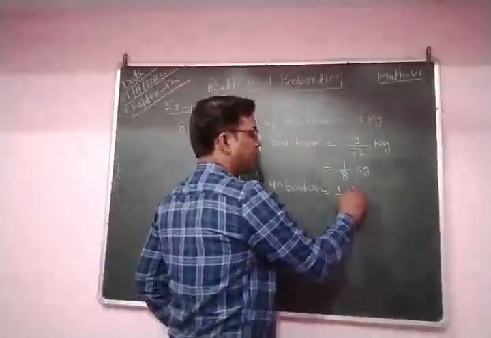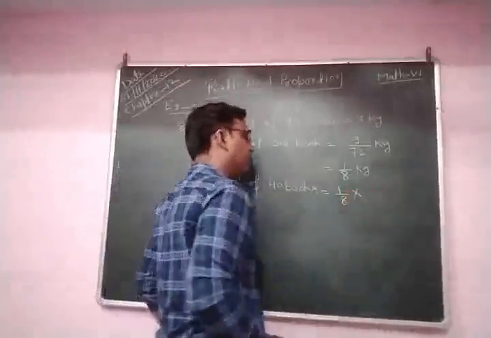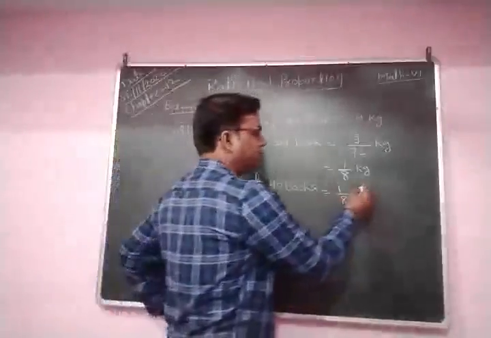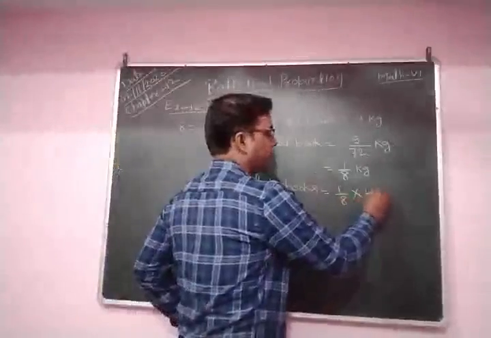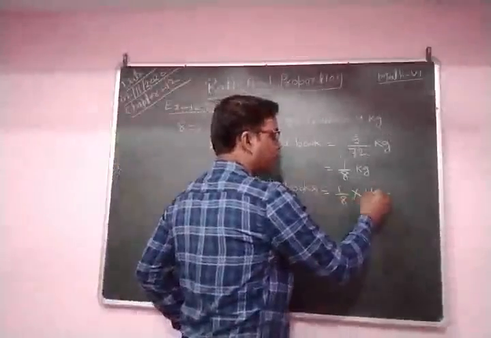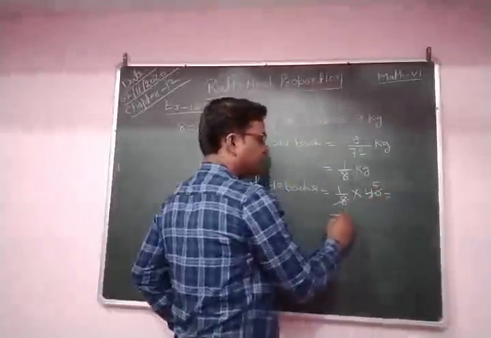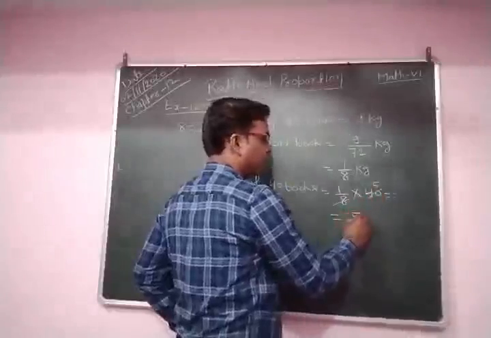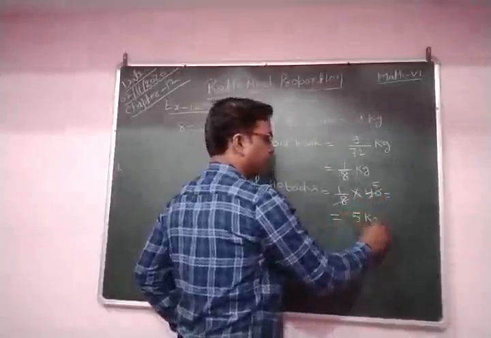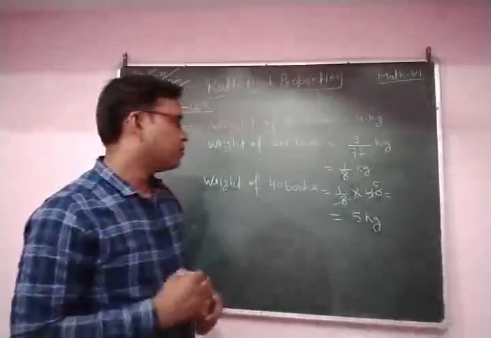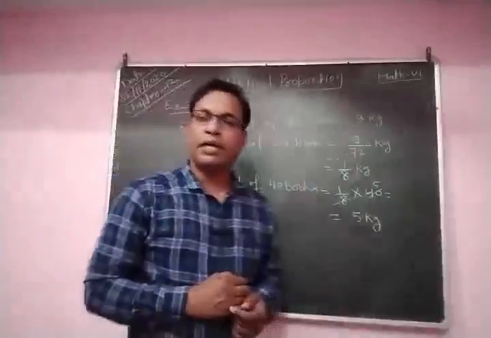So the weight of 40 books is equal to 1 by 8 into 40. If you cancel this, 8 fives are 40, so we obtain here 5 kg. Clear? So in this way you can see the weight of 40 books is 5 kg.